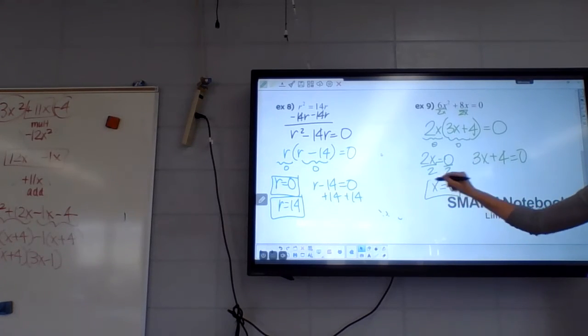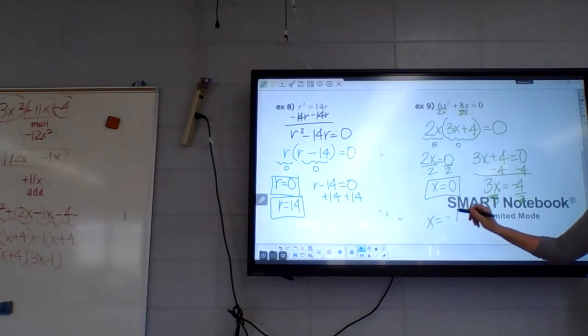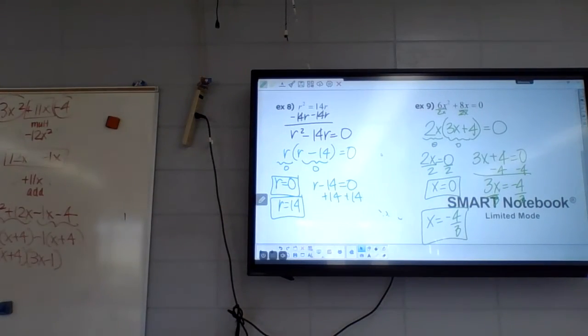So x could be 0, or also negative 4/3, I believe. And then we'll look at 10 and 11 together.